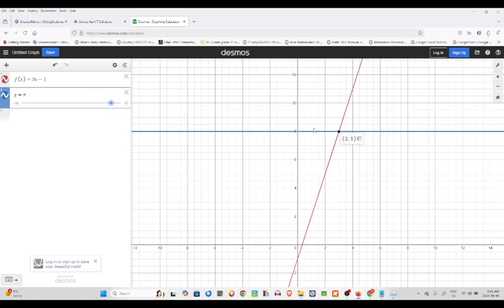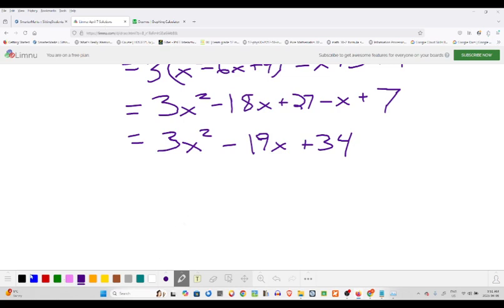We could use this method on our graphing calculators. Put this in as y1 and y2, and plot the graphs and find the point of intersection at x equals 3. We could also say that our y value equals 3x minus 1.